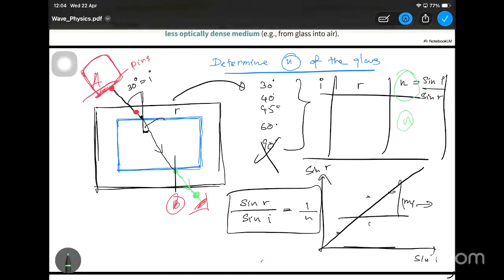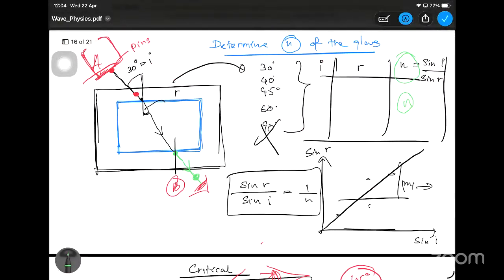So here, determining the n value from a single value, you can get the answer. Whether you repeat it or not, you can get the answer with just one angle only.